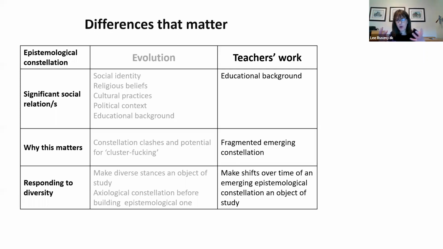Okay, and we think that both are important. So that's why we wanted the teachers' work with knowledge and teachers' work with children so that children can work with knowledge. That's the base constellation that we're working with.